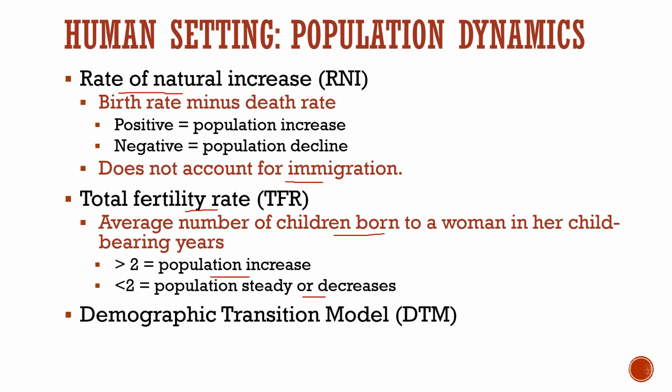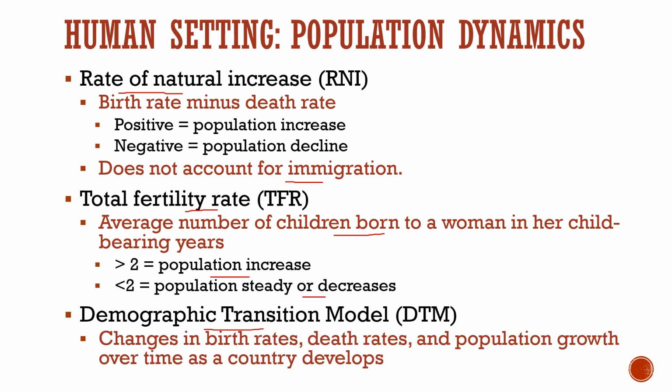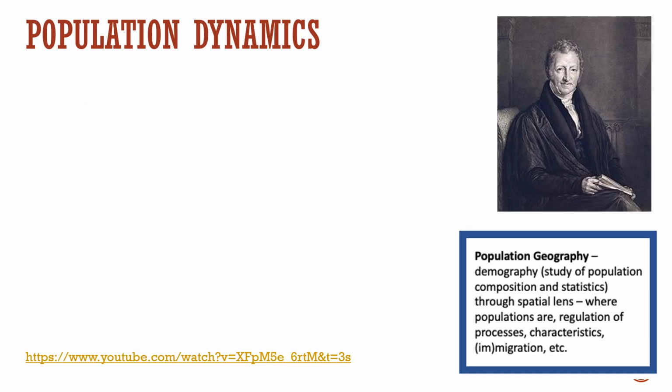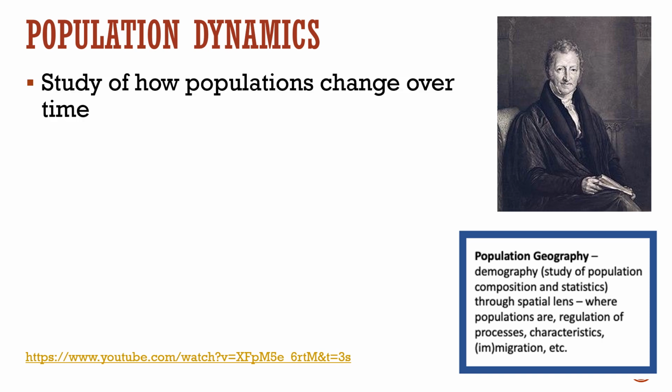And then we'll also spend some time talking about the demographic transition model. This is looking at the changes in birth rates and death rates and the population growth over time as a country is developing. So, more here about population dynamics: again, the study of populations and how they change over time.